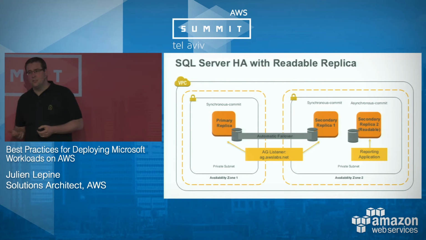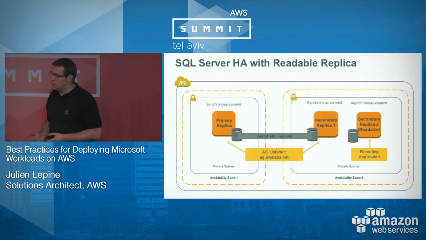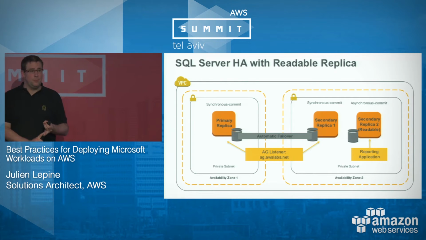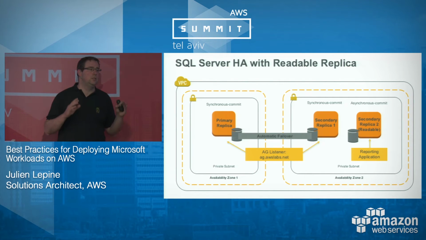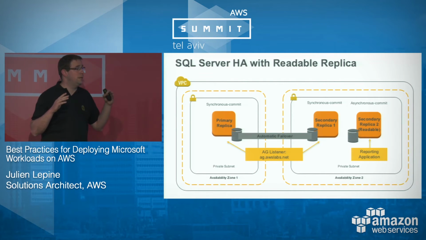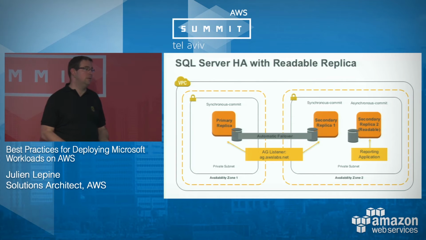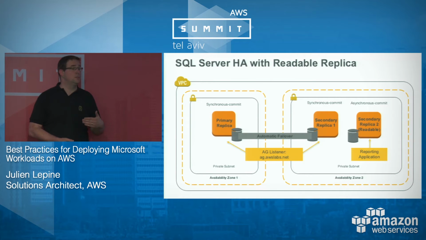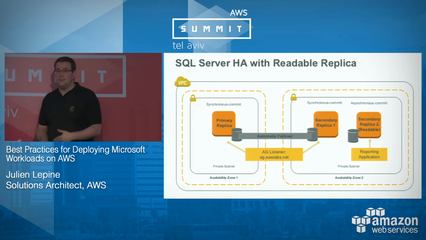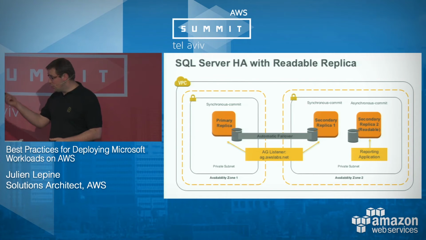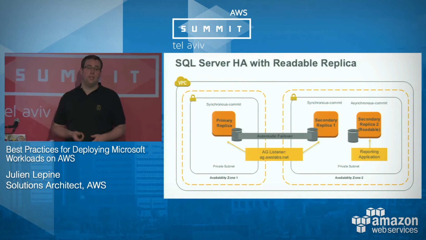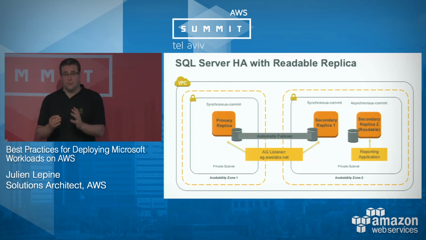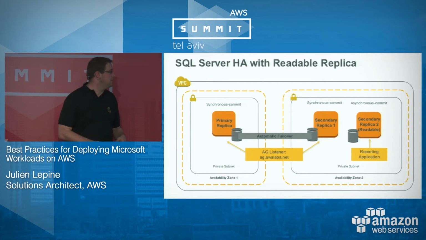SQL Server provides new and interesting features for BI, for backup, and for many other uses where you can have an active read-only replica available. And what you do is you just extend your availability group by adding a third replica, which is going to be an active one with asynchronous replication. So what it gives you is that you can have a reporting application running directly without having to touch the prod.